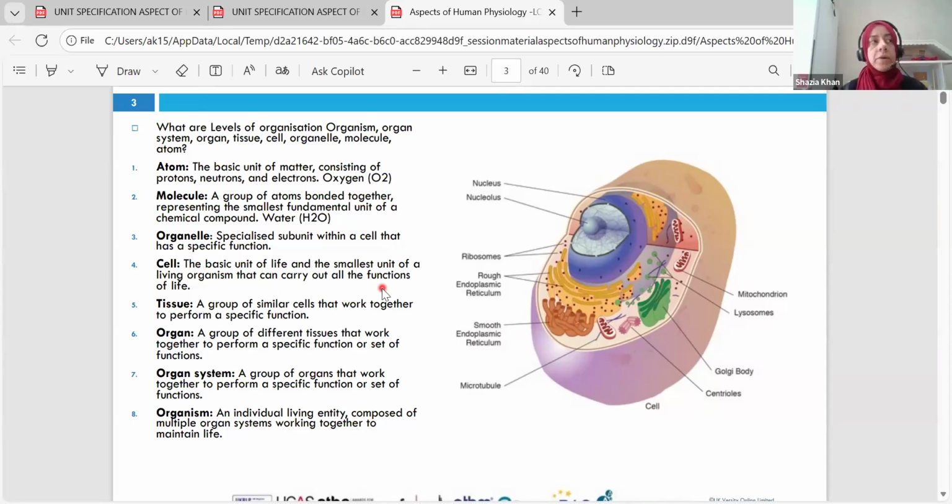So all of these join together to perform one specific function, and that is known as an organ system. As we see, touch and other functions are all performed through the brain and through the nervous system itself. We'll talk in detail about that. And then there is an organism, the individual living entity comprising multiple organ systems that work together to maintain life.